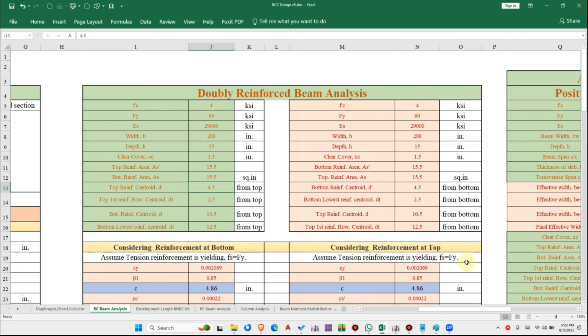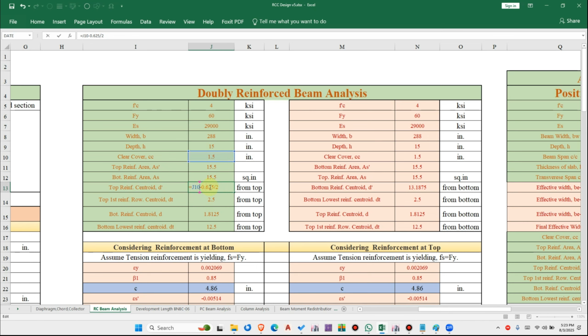Top reinforcement centroid, right? We have to determine it. It will be 15 depth minus clear cover minus rebar diameter divided by 2. The diameter of the bar is 6.625, right? Divided by 2. So we are at the center of the rebar now. Top reinforcement centroid d dash is from top, so we don't need this. Sorry, we have to add this all.